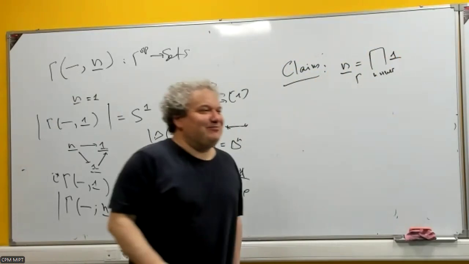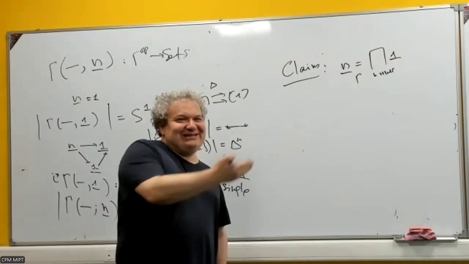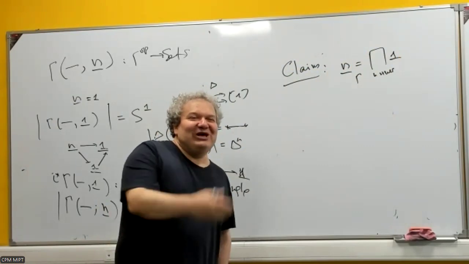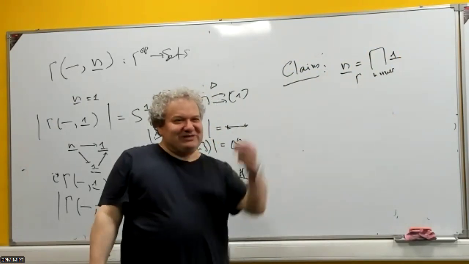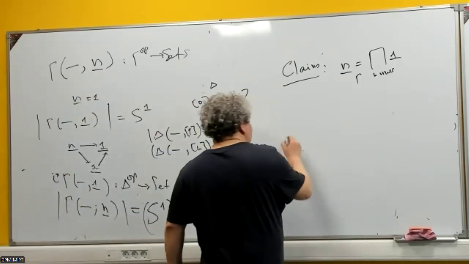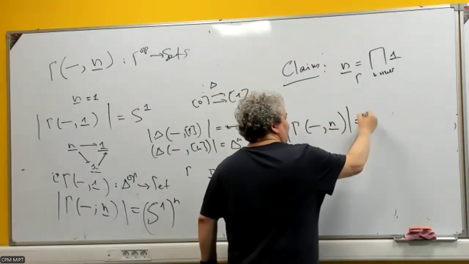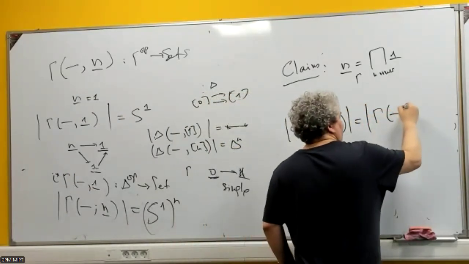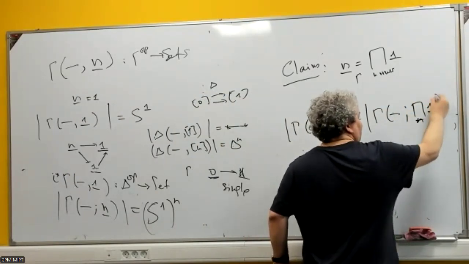This can be easily proven. It's an exercise, really elementary, but it's amazing that it's true that the element n is a product of n copies of element 1. So if you consider the realization of gamma n, you can write it as the realization of gamma of the product of 1 n times.